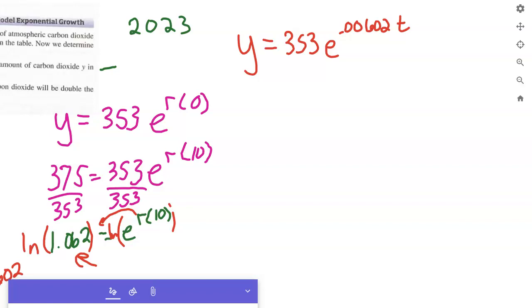Then we double 280, so 280 times 2, because we want to know when our carbon dioxide is going to be twice that. That would be 560. So we know 560 equals 353.